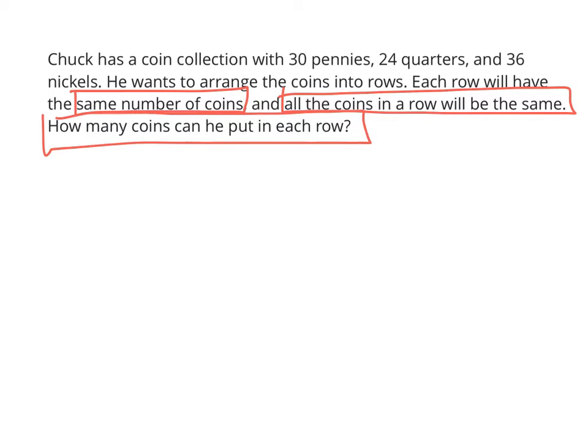So now let's think. What information do we need to use? Well, it says Chuck has a coin collection with 30 pennies, 24 quarters, and 36 nickels. So that's really important. 30 pennies, 24 quarters, 36 nickels.